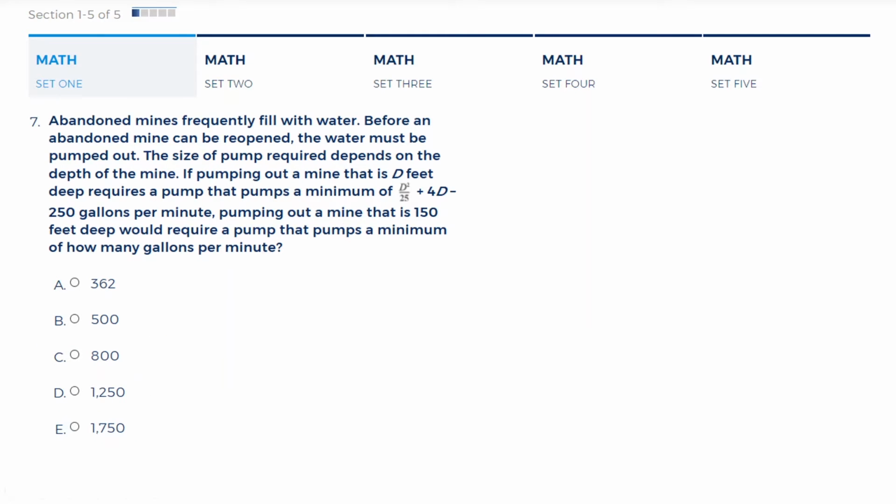Abandoned mines frequently fill with water. Before an abandoned mine can be reopened, the water must be pumped out. So we just look at this formula: pumping out 210, that is 150. Alright, so what I have to do is d squared over 25 plus 4d minus 250. All I need to do is just plug in 150. Let's do this with the calculator.